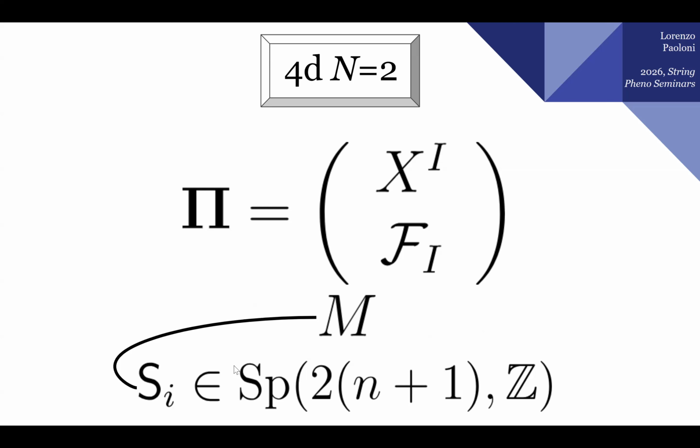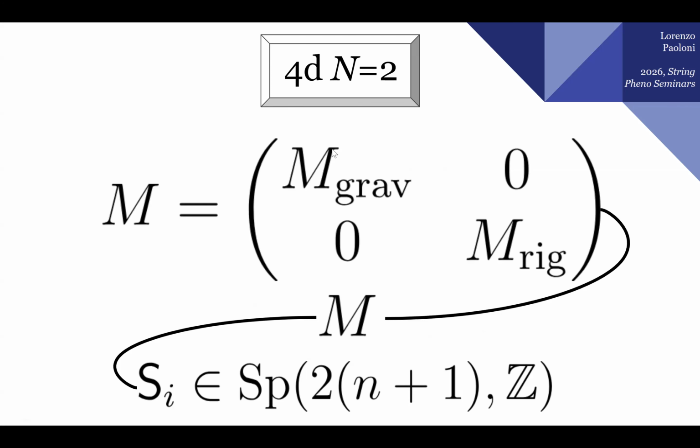But why am I stressing this? Because as I told you, this is a property of both supergravities and super Yang-Mills theories. And so if we want to claim decoupling for a subsector of the theory, we should also ask for factorization of this monodromy group that does not mix what we identify as the gravitational direction and the rigid field direction.